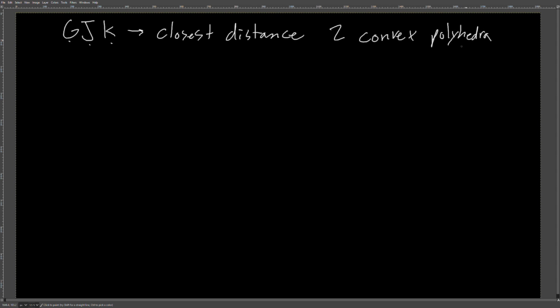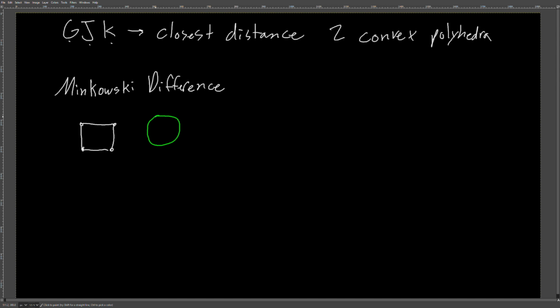To try to summarize how GJK works, it finds the closest point between two convex polyhedra by using the Minkowski sum. Now, it's actually the Minkowski difference, but the basic idea with this geometric transformation is to take all of the vertices on one convex polyhedra and add them to every vertex of another convex polyhedra, which should then yield a new convex shape.